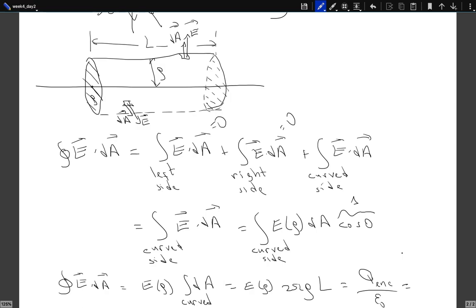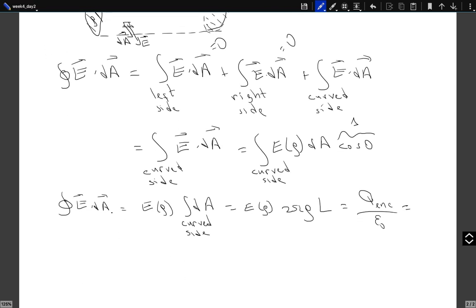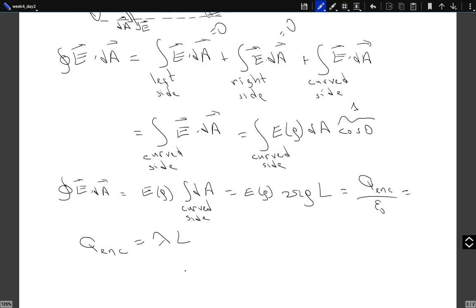Well, you see, this is my cylinder. Through the center, my wire is just going through the center. This has a total height L. So the length of the wire in my cylinder is just L. And since the charge density of the wire is lambda per unit length, the total charge will be just lambda times L.